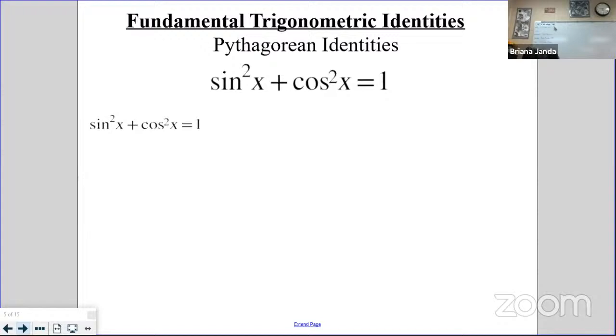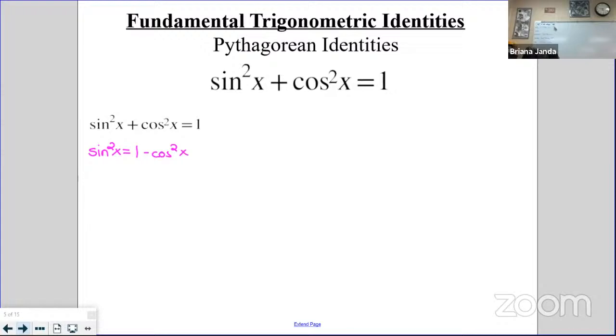But what if it was the sine squared? If I were to solve for sine squared, I would subtract cosine squared to the other side, right? So one of the other ways we could see this is that sine squared of x equals 1 minus cosine squared. I could have done the same thing for cosine squared, right?